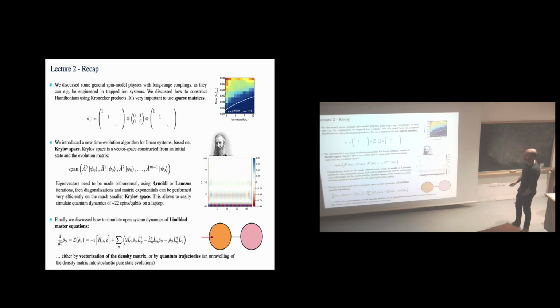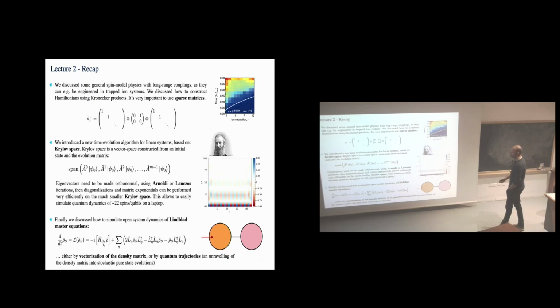There are two such iterations, the Arnoldi iteration and the Lanczos iteration. The Lanczos iteration only works for Hermitian matrices, while the Arnoldi iteration works for many different matrices. What one does is take the state vector, project it onto this Krylov space, do all of the complicated things there, like the matrix exponential, and then project it back, and you get a good approximation of the state. This is super efficient. It really allows you to do 22 qubits or spins on your laptop.